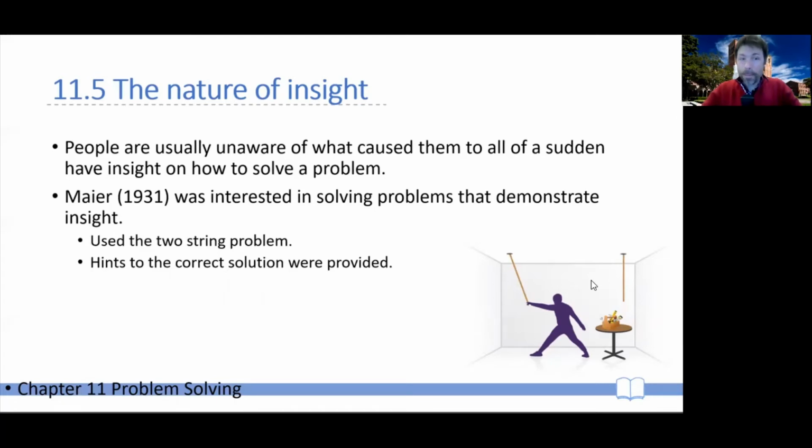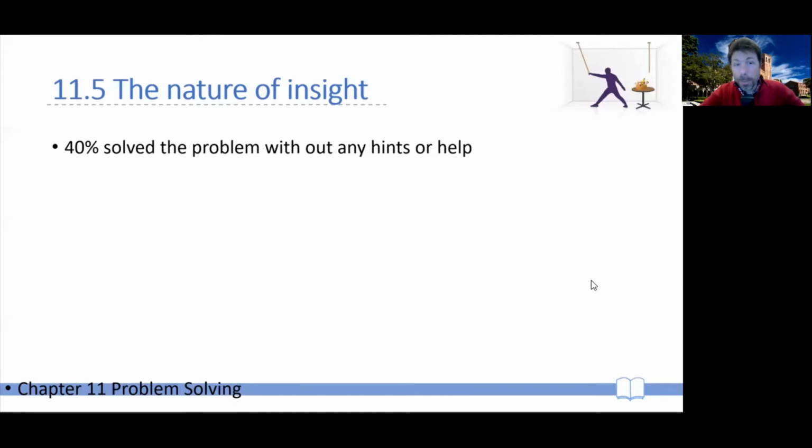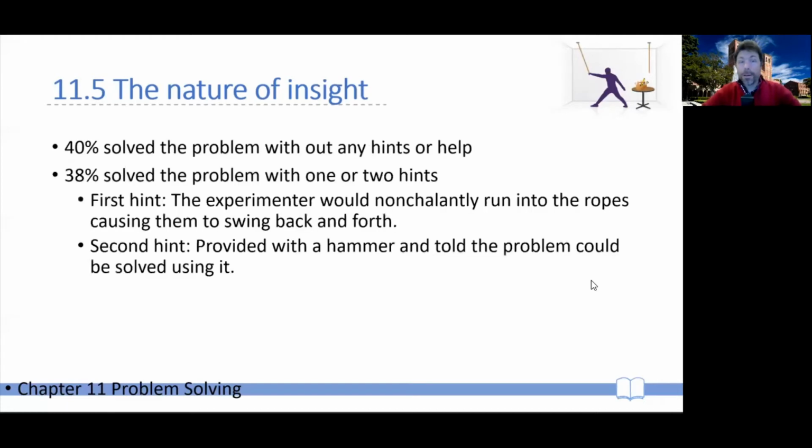Now, the interesting aspect is that Mayer was interested in seeing how providing cues would be processed by the participants. When Mayer did this experiment, just about 40% of the participants could solve this with no need for hints. However, another 38% of participants only solved the problem after receiving some hint.